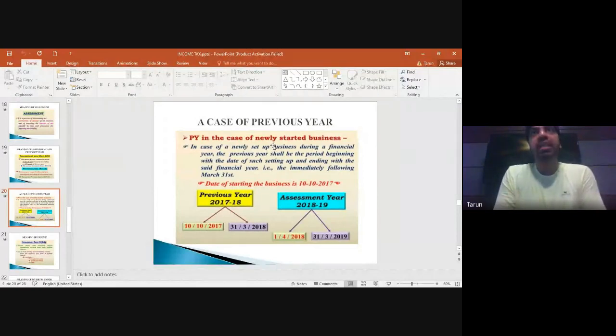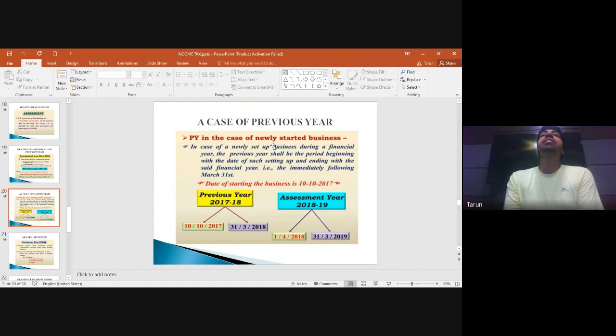For example, you have started a business in 2022. So what would be your assessment year? Your assessment year is 2023 to 24, and your previous year would be 2022 to 23. So this is the difference between the previous year and the assessment year.